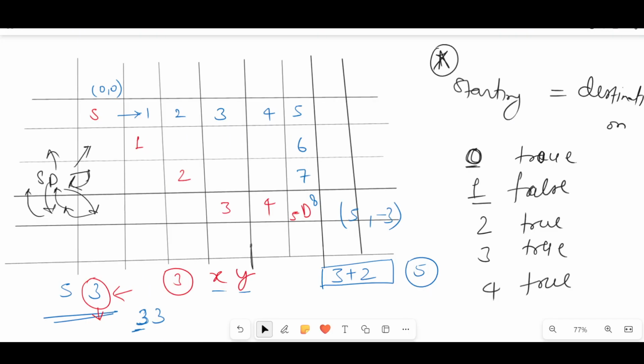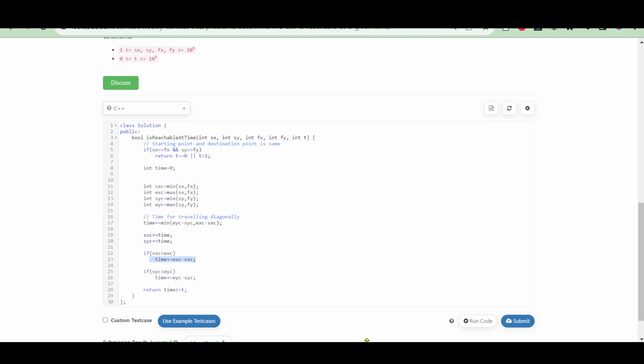Now I will travel linearly. I will not travel diagonally because I have already done so. It is not possible to travel diagonally anymore, because either x has become equal to the final x or y has become equal to the final y. So one of these if conditions will execute, and the time for the remaining distance will be added to the time, and this time contains the minimum amount of time required.